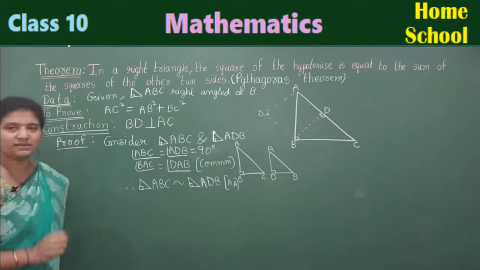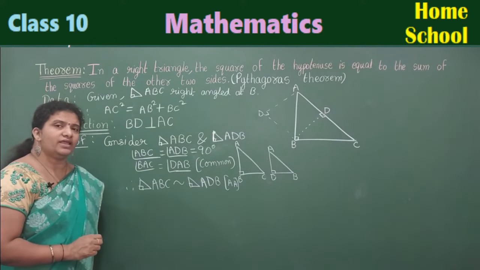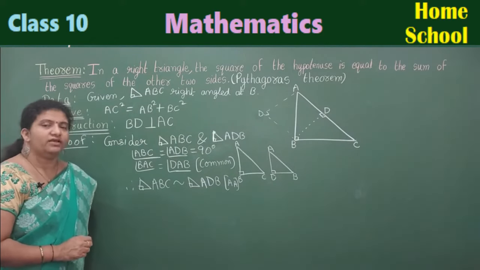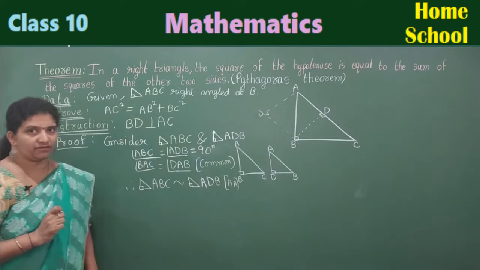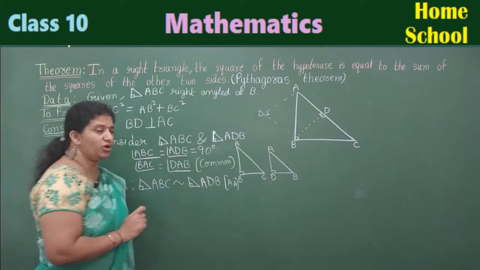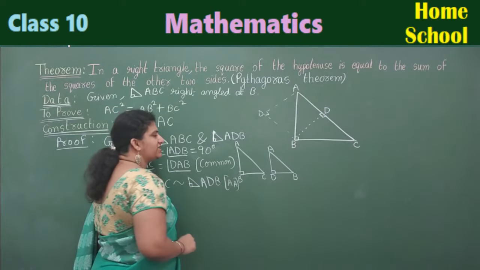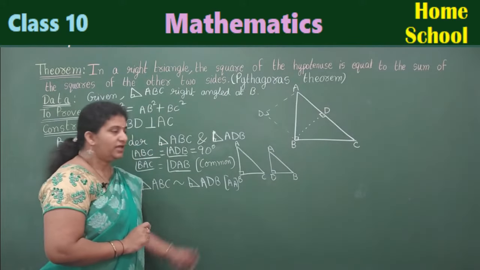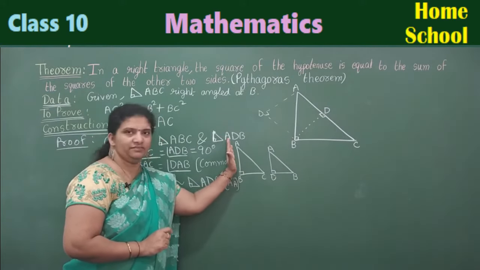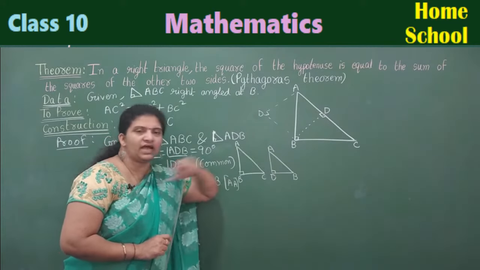If they are similar, what do you remember? The ratios are in proportion. Which ratios? I have to see the ratio, only two ratios I want. How can you observe the ratio? In these two triangles, which side is common? AB is there in both triangles. In this triangle AB is here, and in the other triangle AB is the hypotenuse.